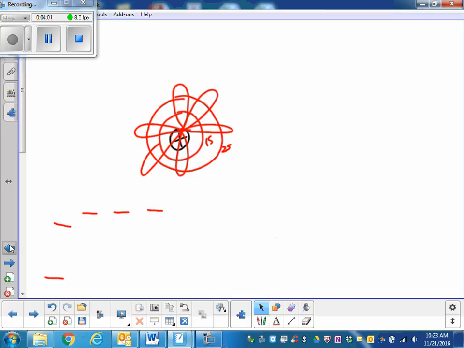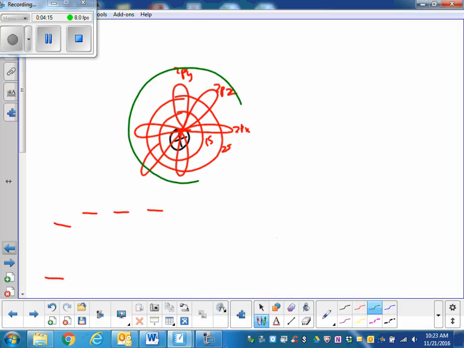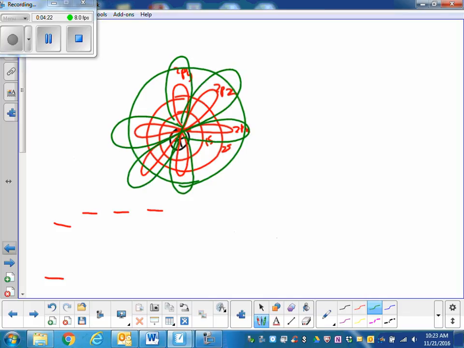After the 2s and the 2p's, let's say this is 2px, 2pz, and 2py. All right? After the 2p, you fill in the 3s and the 3p. Yes or no? This is how the electrons fill in. So you have the 3s and you have the 3p.